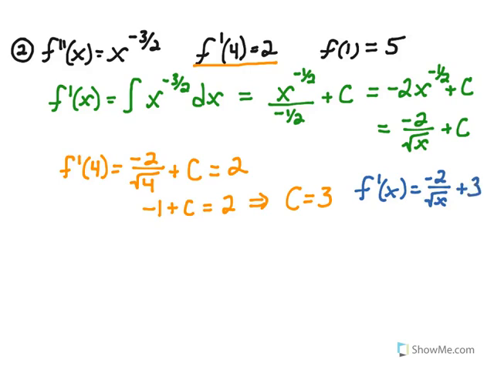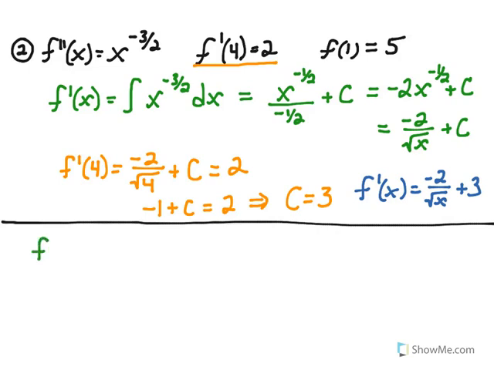So we're halfway done. Now I need to find the antiderivative of that and use the next initial condition. So now to get actual f of x, I need to do the antiderivative of f prime of x. I'm going to write it as negative 2 x to the negative 1/2, because we're going to need to use the power rule.